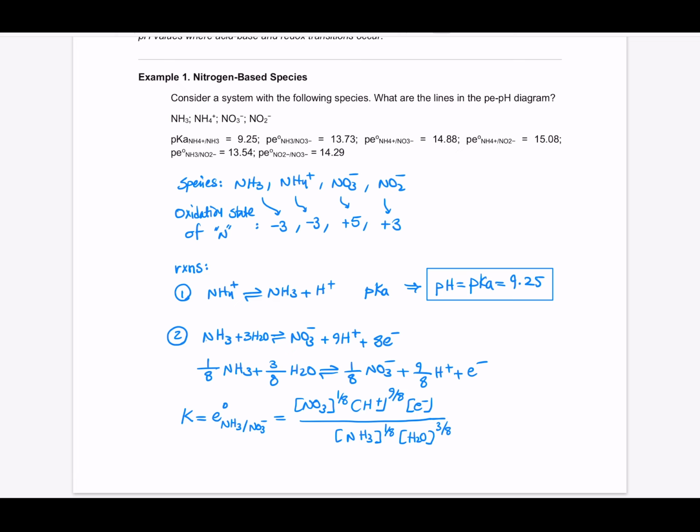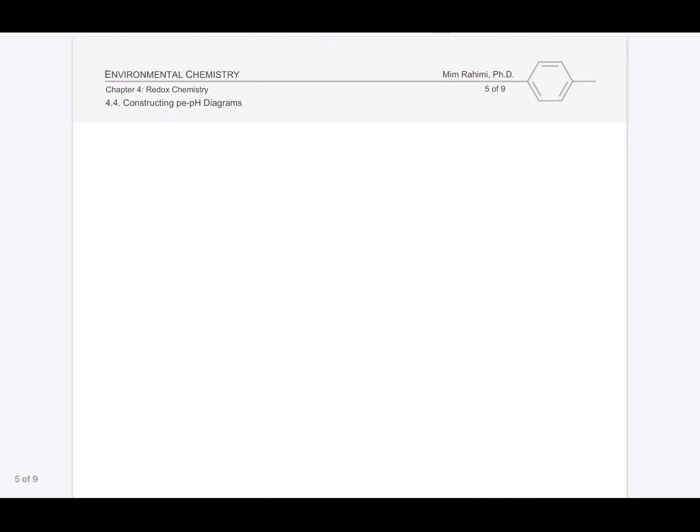The next part would be minus log of both sides to get to that form of pe-pH. And if we do that, then it would be pE0 minus 1/8 log of nitrate plus 9/8 of proton, of pH, plus pE. And then as we know, on the line, this is the ratio bond, so this part would be equal to 0.